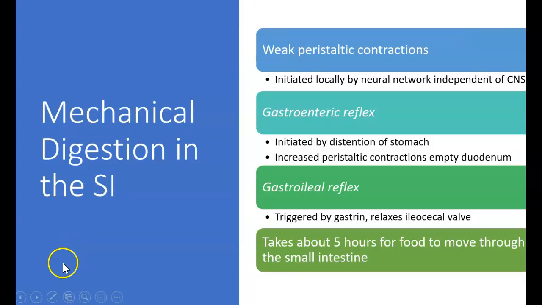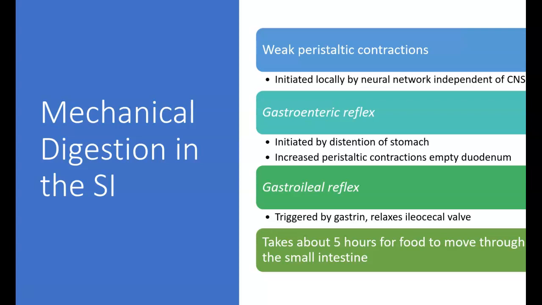So mechanical digestion that takes place in the small intestines: there are peristaltic contractions, but they're pretty weak, and they're going to be initiated locally by a neural network independent of the CNS. If you watch the neural stimulation of digestion video, that explains that.